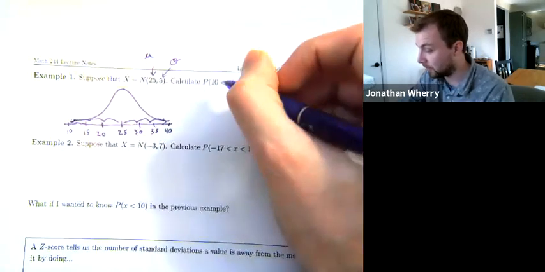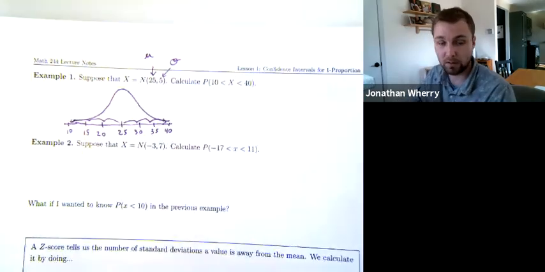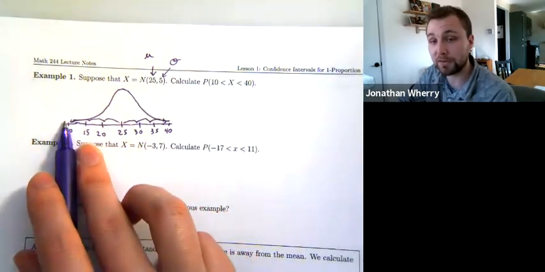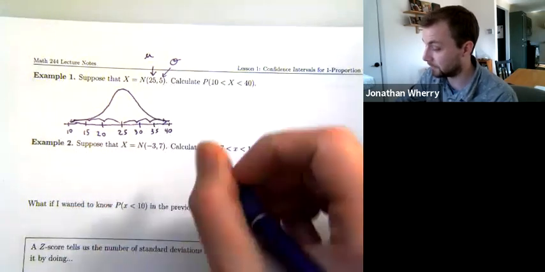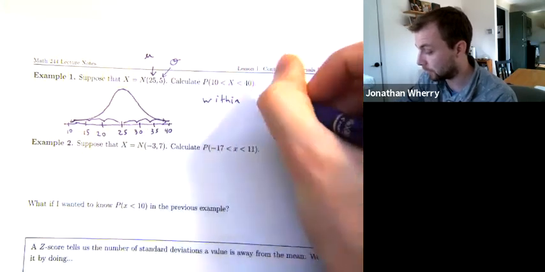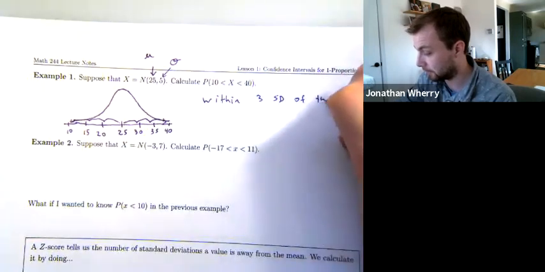For this problem, it wants to know how much area is within 10 and 40. Well, 10 was 1, 2, 3 standard deviations down, and 40 was 1, 2, 3 standard deviations up. So I am within 3 standard deviations of the center.